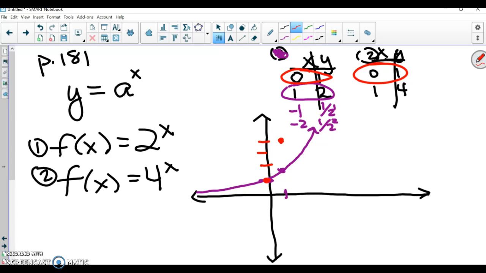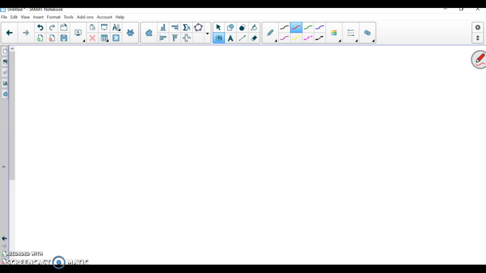We have that same behavior on the left-hand side of our graph. We're coming through the same point and then climbing increasingly fast, exponentially, much more quickly than when our base was 2. Let's now take a look at example number 3, the graph of y equals a to the negative x.